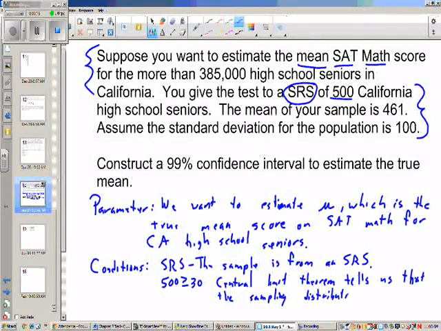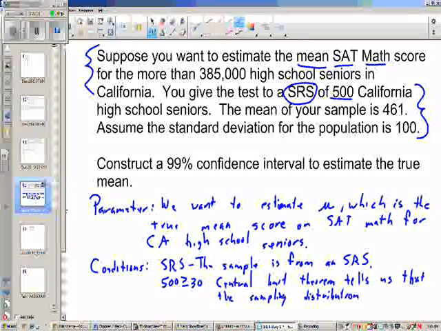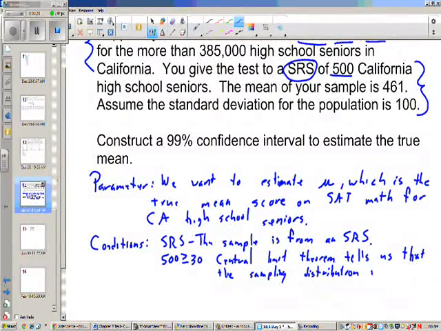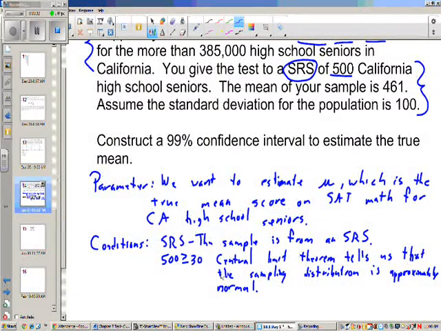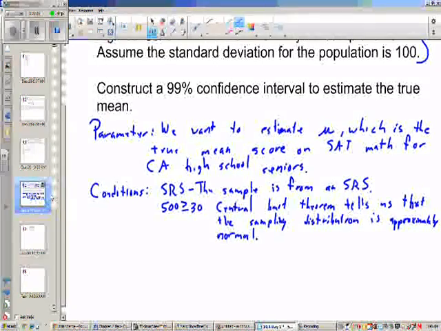Now remember, if you just say normal instead of the word approximately, that's a big mistake. It's not going to be normal. It's going to be approximately normal.